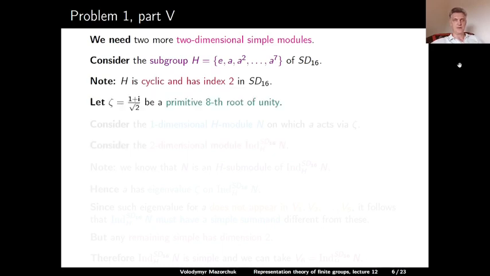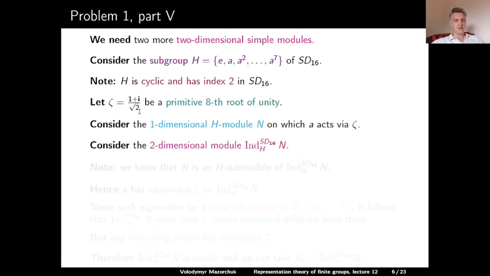We know that simple representations of cyclic groups are determined by roots of unity. So let us fix a primitive 8th root of unity, which we denote by zeta, and we take for it the complex number (1 plus i) divided by the root of 2. Then we have the one-dimensional H module n, on which the generator A acts via this zeta.